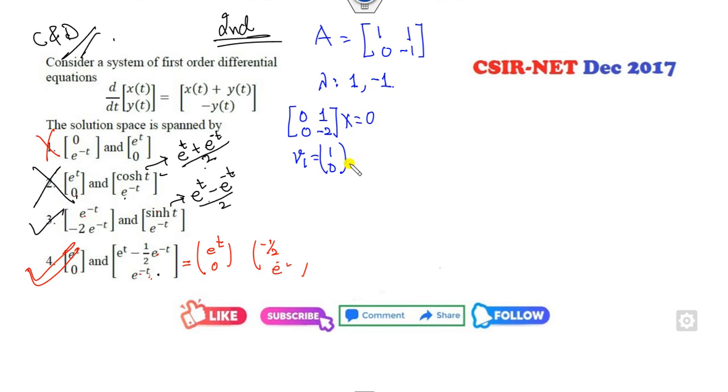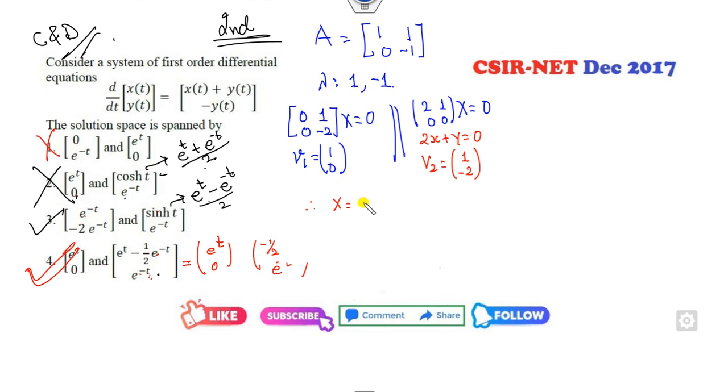So 1, 0, and corresponding to minus 1: 2, 1, 0, 0. Fine. So from here you can see 2x plus y will be 0. So if you take this as my 1, the second component will be minus 2. Fine.